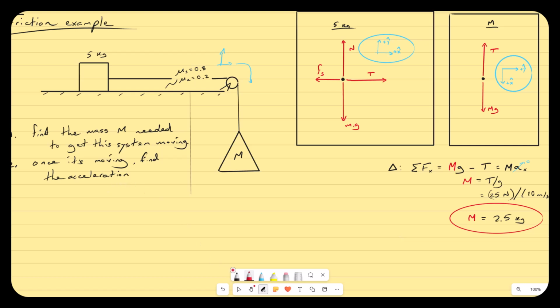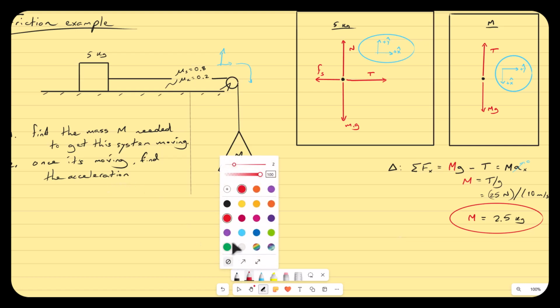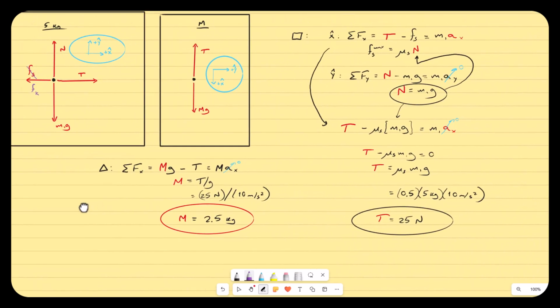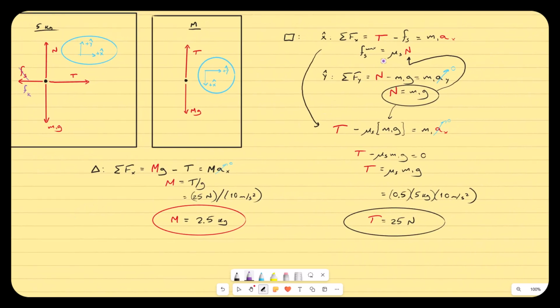Once this thing's moving, what changes is very little. This F static will become F kinetic instead, and everything else stays the same. So, going over here, my F static becomes an F kinetic, but my acceleration is no longer 0.